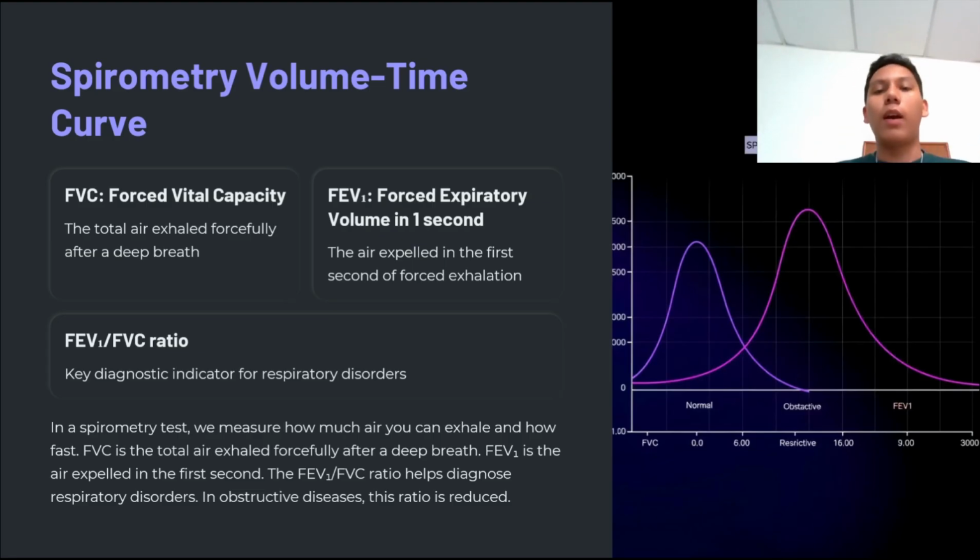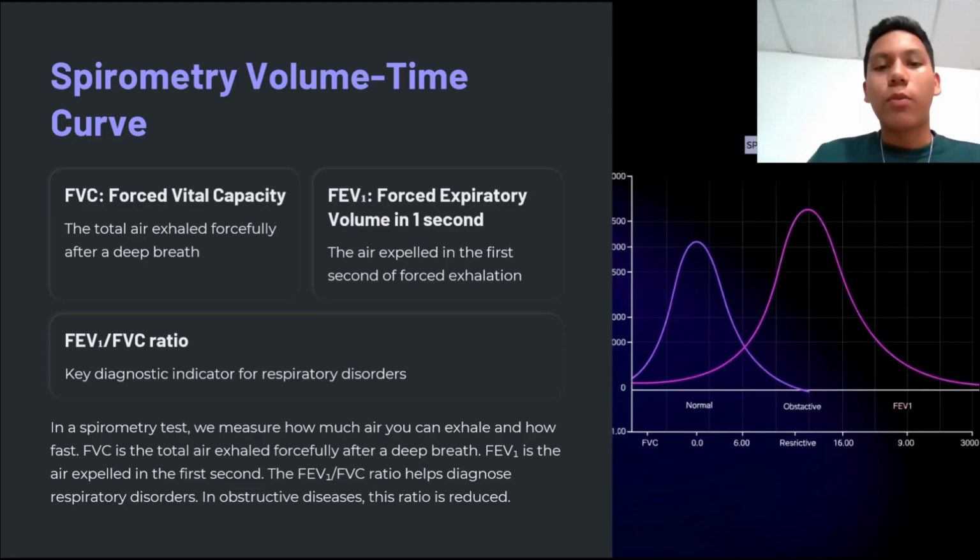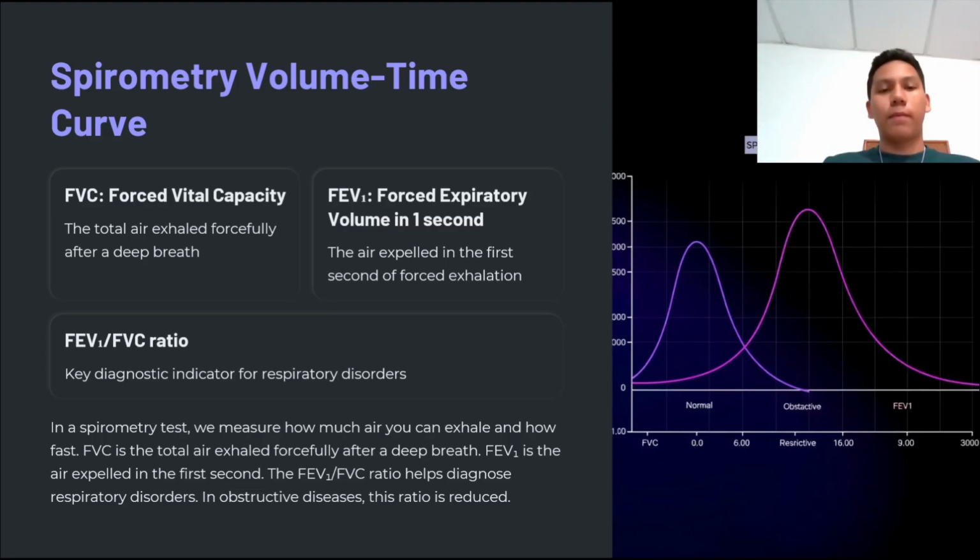Here we also have the spirometry curve of volume over time. In a spirometry test, we measure how much air you can exhale and how quickly you do it. It is the total volume of air forcibly exhaled after a deep inhalation.